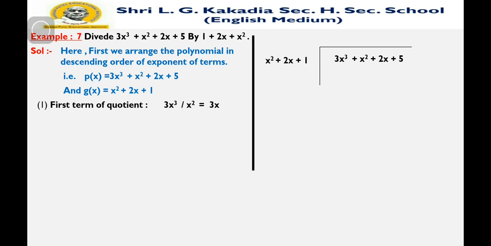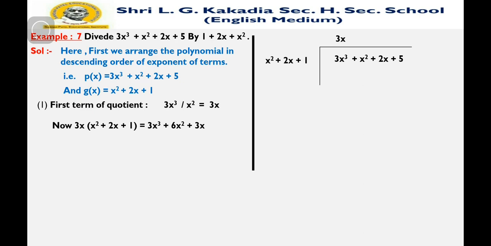So we put 3x in the quotient. Now we multiply 3x with the divisor.